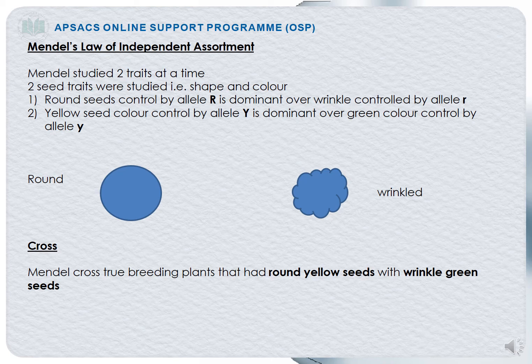The round is dominant while the wrinkle is recessive. So Mendel crossed two true breeding plants, one with round yellow seeds and one with wrinkle green seeds. True breeding means homozygous. So round is dominant, yellow is also dominant, while wrinkle and green are both homozygous recessive.